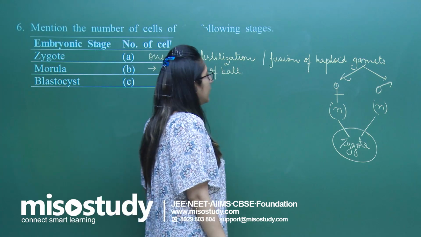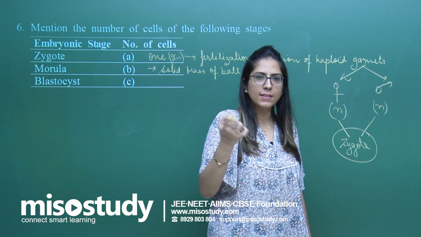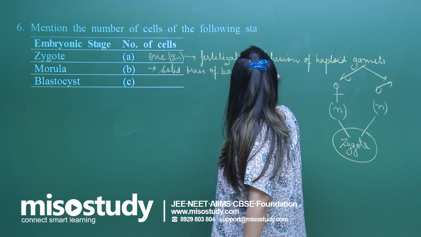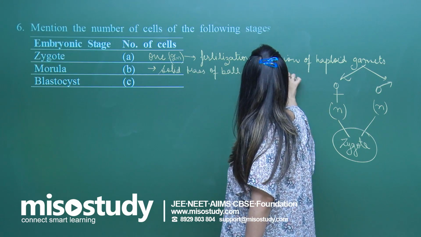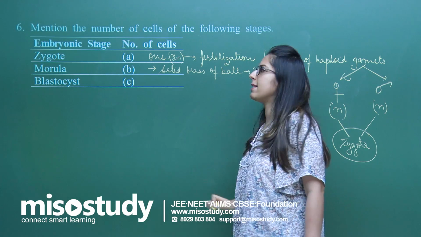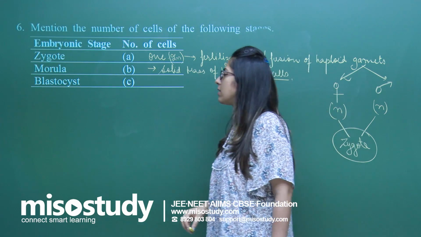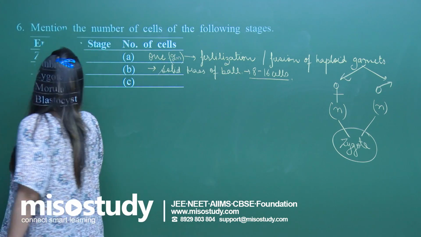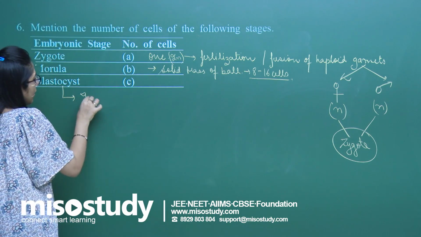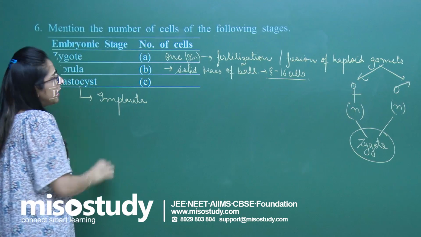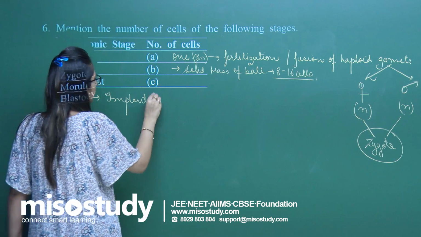When we see, actually, they have cells present. They have around 8 to 16 cells present, and these 8 to 16 cells are called a morula. Next we have the blastocyst. Blastocyst is where implantation occurs. This is the stage which leads to implantation.